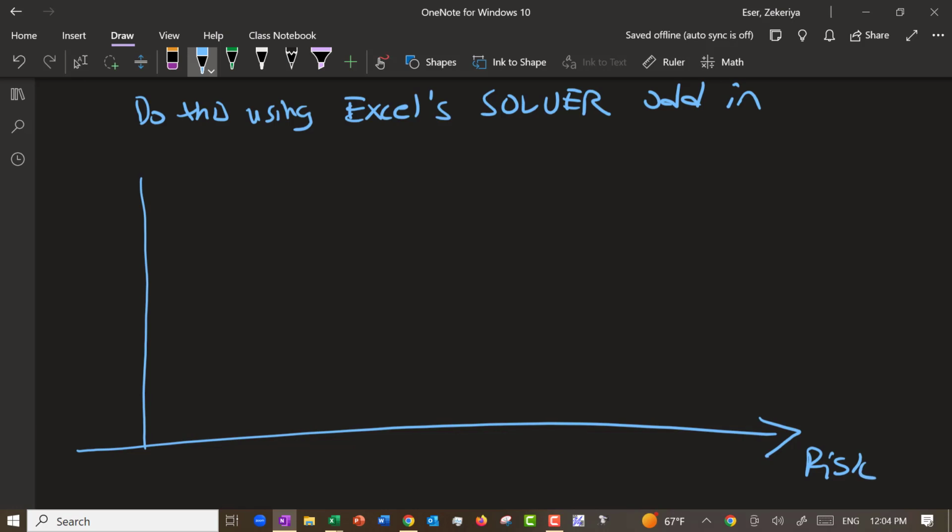So for each level of targeted reward, I'm going to find the minimum risk achievable.